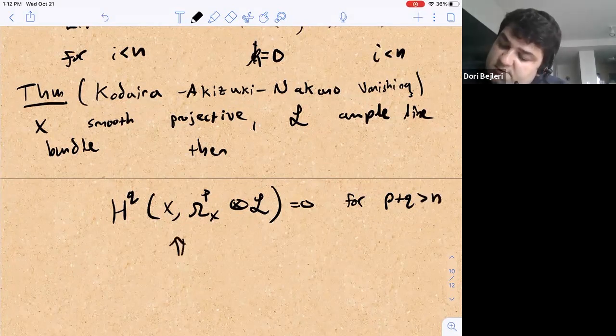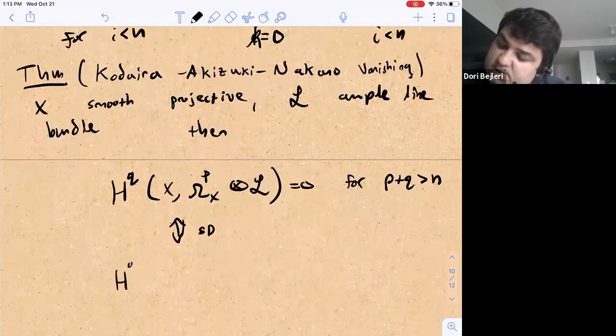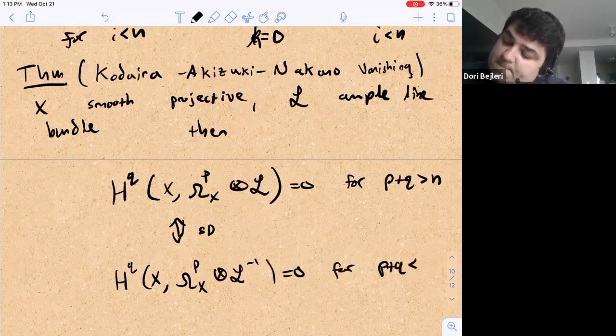Or by Serre duality, this is equivalent to saying that H^q of X, Ω^p_X tensor L inverse is 0 for p plus q smaller than n.